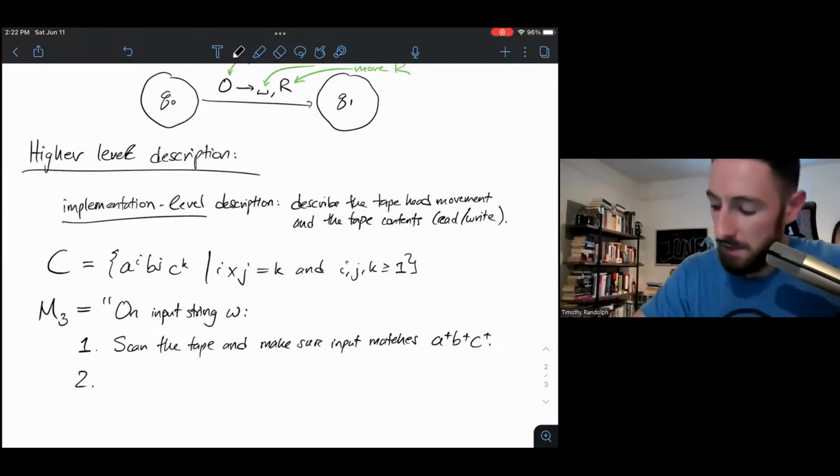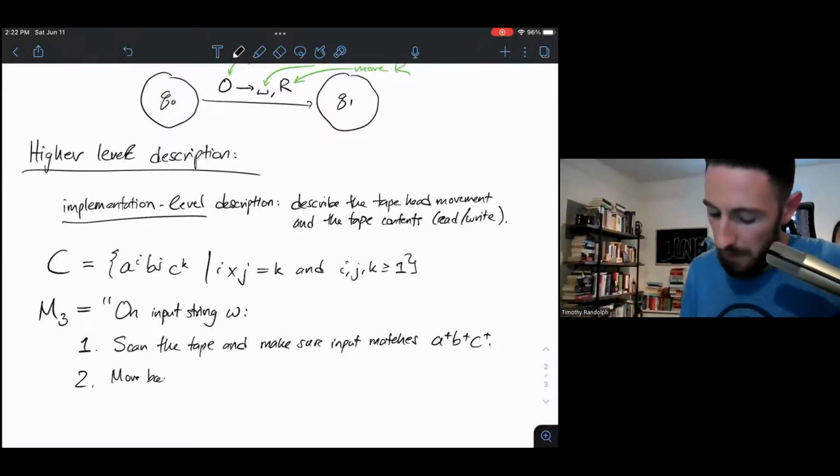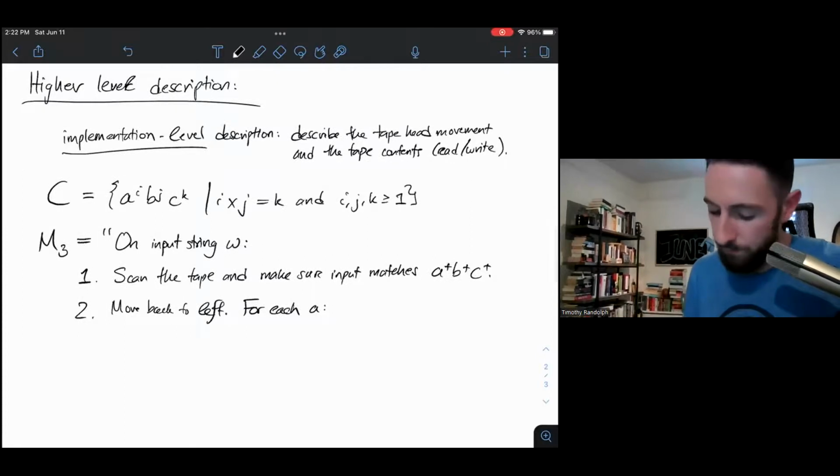So, move back to the left, and for each A, I will do the following. This is going to look an awful lot like a for loop.